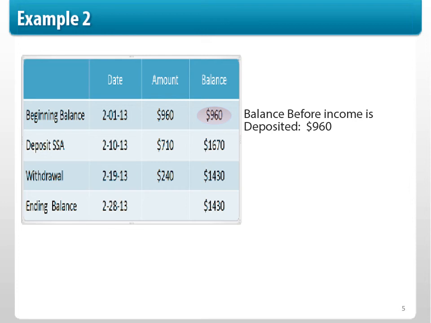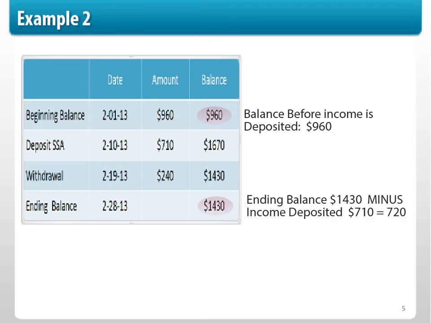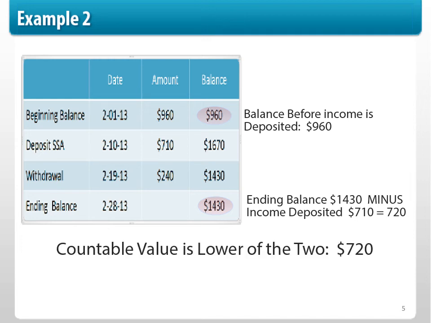Next, we'll identify the ending balance, which is $1,430, and from it we will take the amount of income that was deposited in the account, which was $710. The difference is $720. Now we'll compare the two results. The lower of the two amounts we've just determined is $720. Therefore, the countable value of the bank account is $720.